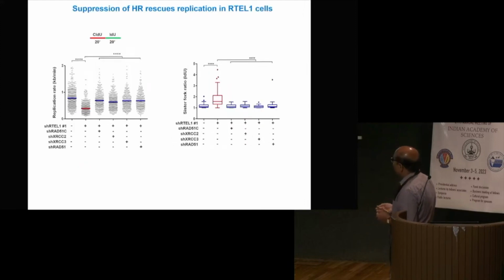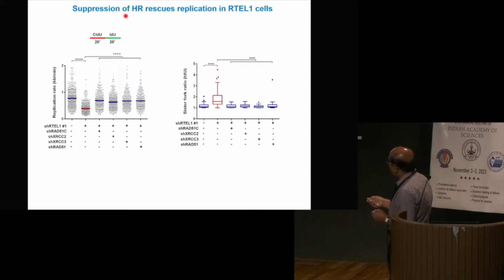So we performed DNA fiber studies. Again, what we do is that we label the replicating sites with the two halogenated thymidine analogs, that is the CldU as well as IdU. And then the replication can be studied at the single molecule level. And when we score about 200 DNA fibers basically, here is the raw data. You can clearly see that compared to the control cell, the global DNA replication is actually reduced upon depletion of the RTEL1. Now, this replication defect can be rescued upon co-depletion of the RAD51 paralogs, including RAD51 co-depletion.